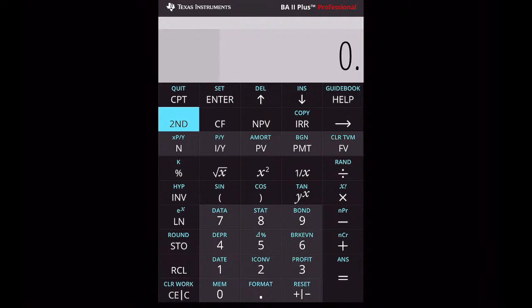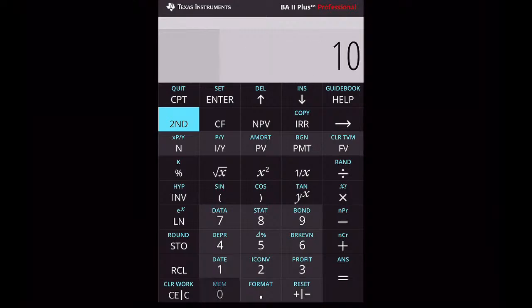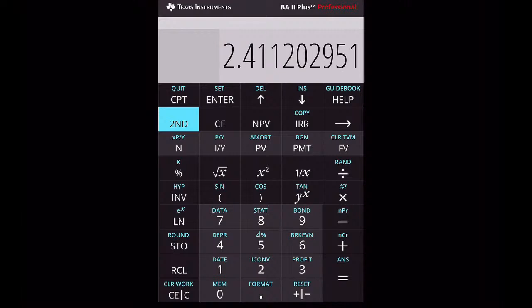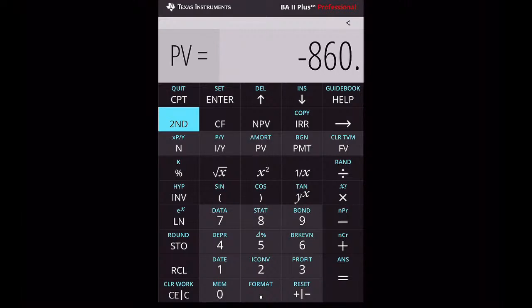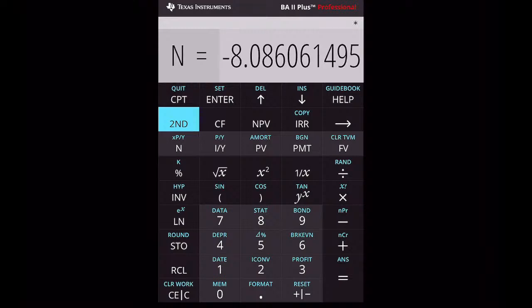Well, why is it negative? Let me do this again. Why did I get a negative? Recall the rate, times 100, put it into the interest rate. PV is negative 860. Payment is 40, and the face value is 1,000. And now I compute. So that doesn't make sense.